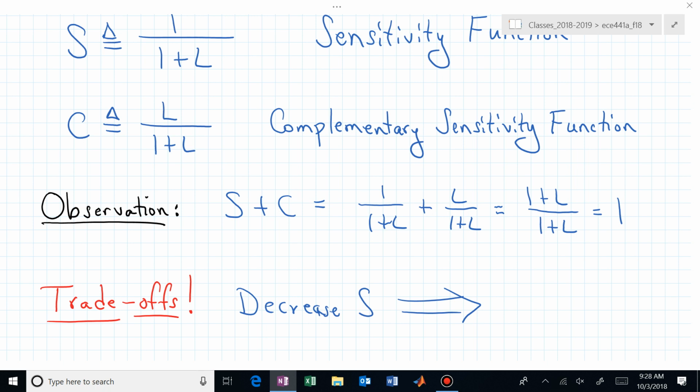It can't, can it? This is like a waterbed where the normal is 1 and you push something down, the other one goes up. So S and C have this complementary characteristic or behavior. If we decrease S, we are actually going to increase C.